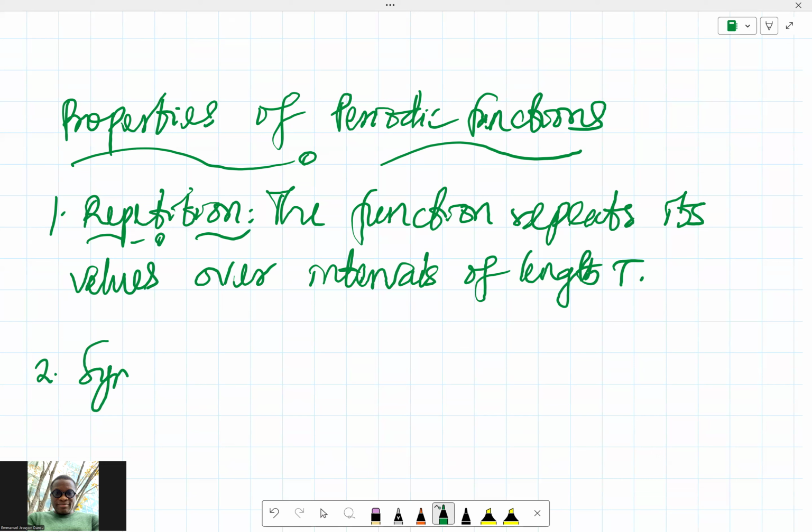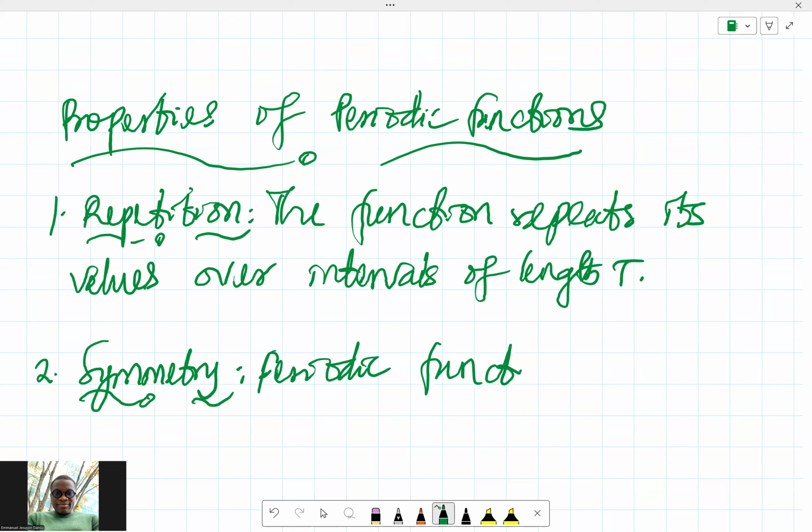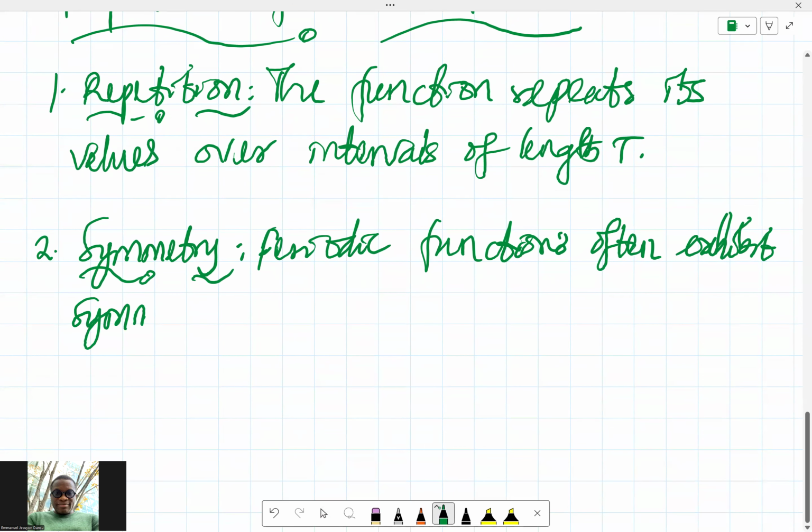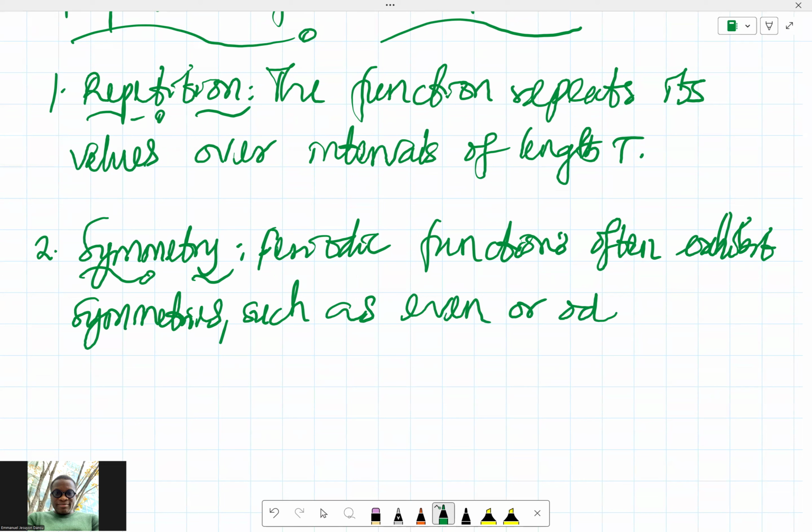Then you have symmetry also. If you plot that, you have symmetry. Periodic functions often exhibit symmetries such as even or odd properties. Next, you also talk about harmonics.